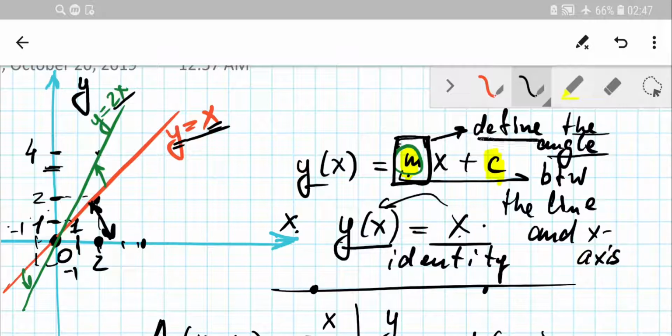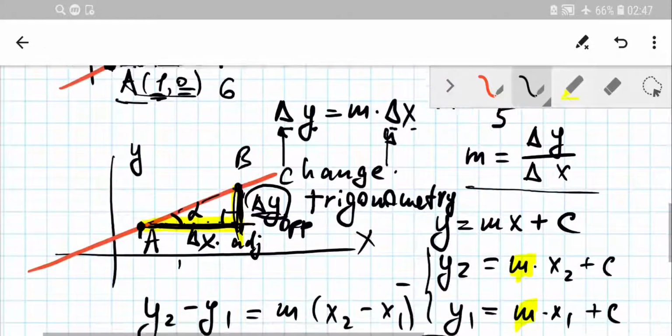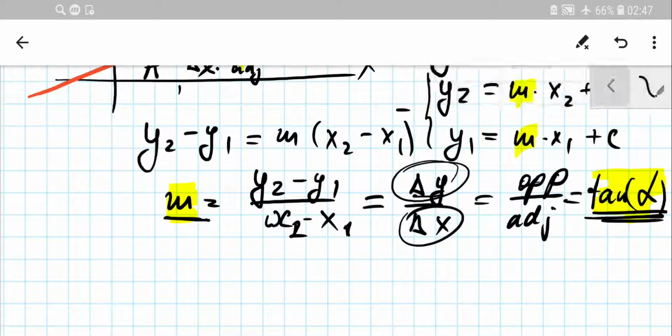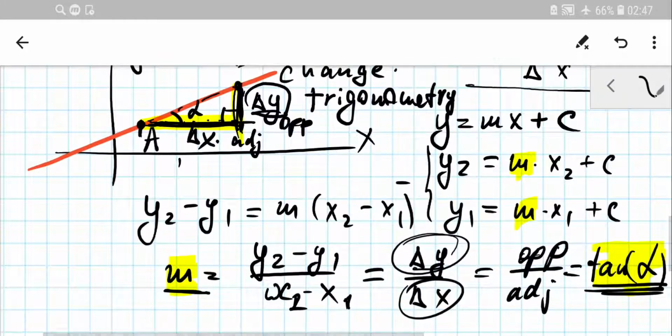We guessed that it defines the angle because we plugged in the coordinates, some points, and calculated y for different lines with different coefficient m's. So here we can say exactly that m is the tangent of alpha. You see how two topics, trigonometry, that's basically geometry, and straight line functions are connected.